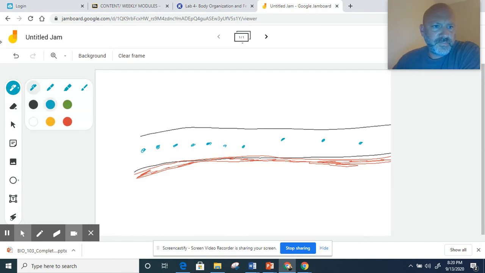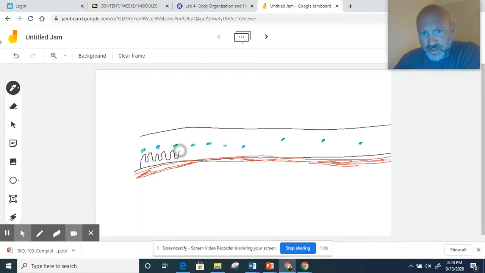There are folded structures that we see in there that are almost like finger-like projections that go up and down all along the inside surface of the intestines. And what this does is it's creating more surface area. These structures, by the way, these finger-like projections, are called villi.